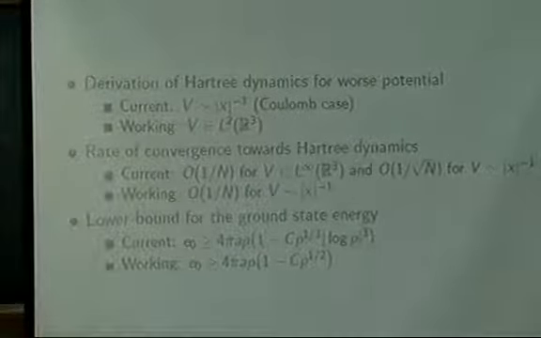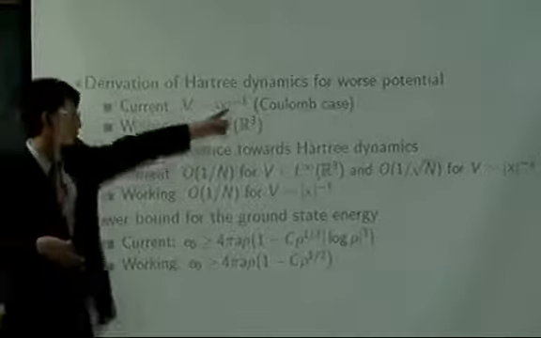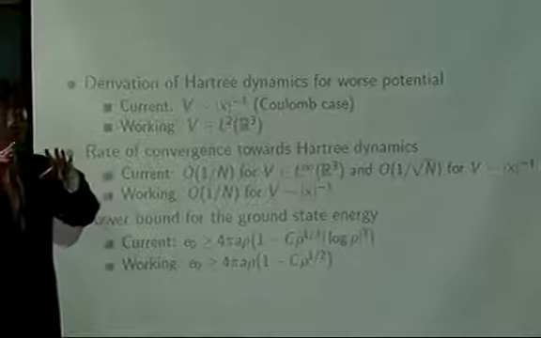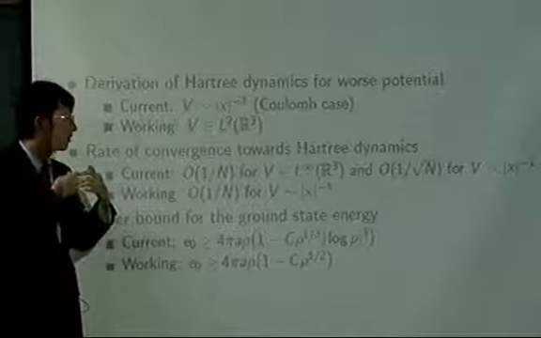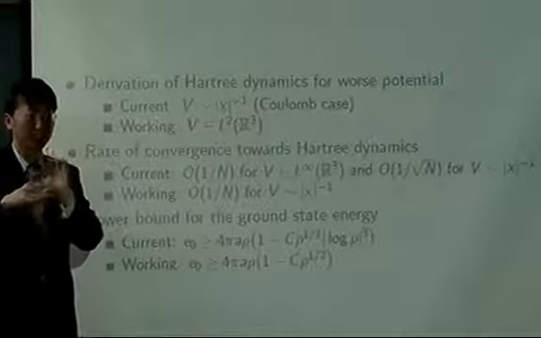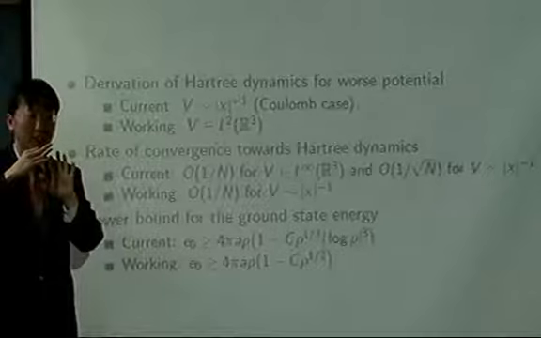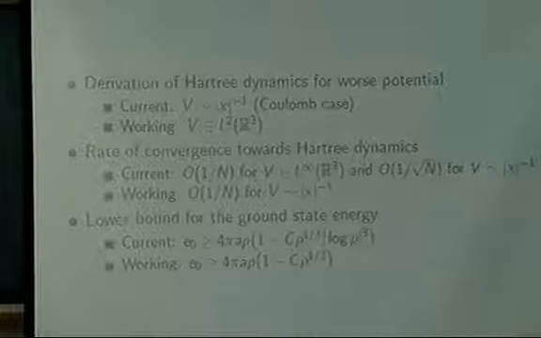And then the second one is that the results so far are only for the Coulomb potential or better. I didn't mention it explicitly, but the difficulty here comes from the singularity of the potential. The decay or the long distance behavior is not a problem.